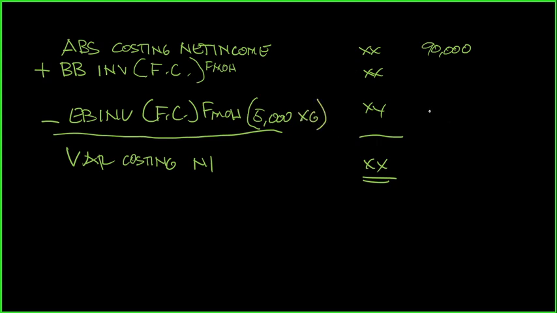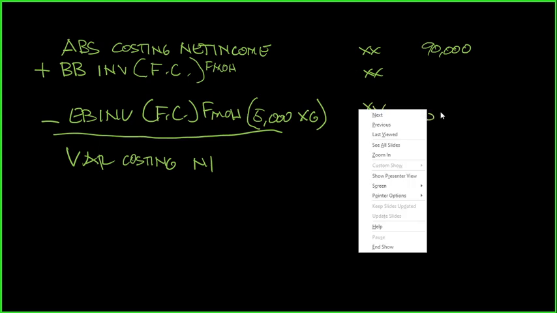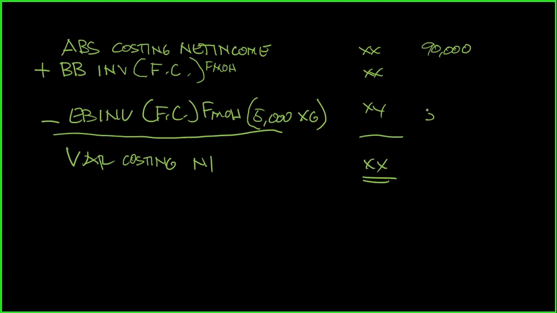So 5 times 6 is 30. Wait lang. Napagbaliktad ko yata. Ayan. Under absorption costing, hindi pala siya 90. Pahiya na naman ako. This one is 120,000. So 120 minus 30, you will get 90,000.